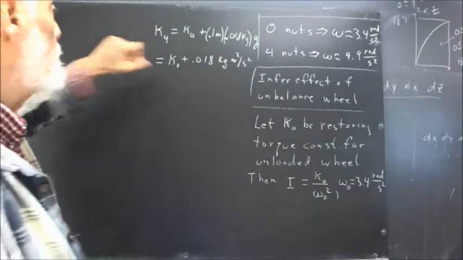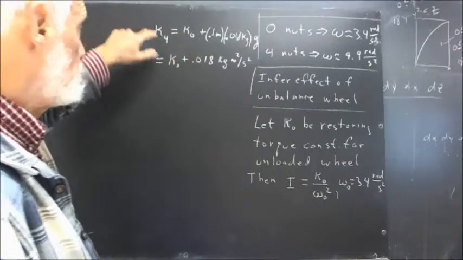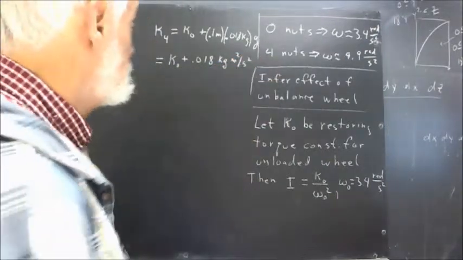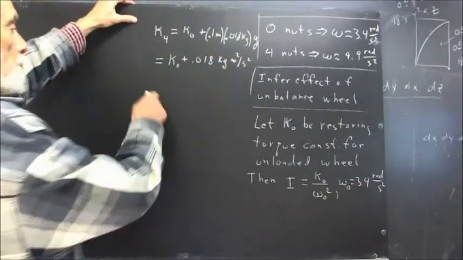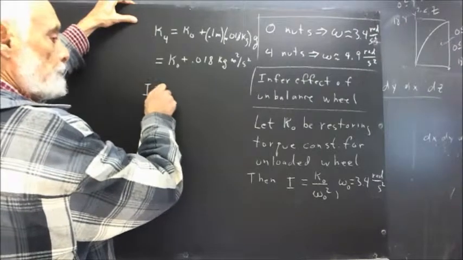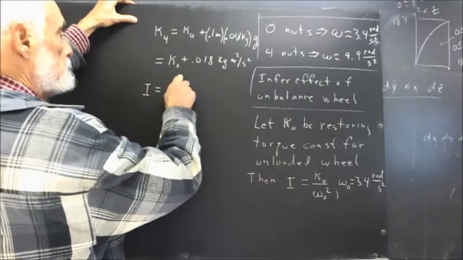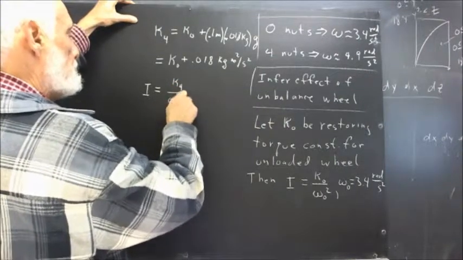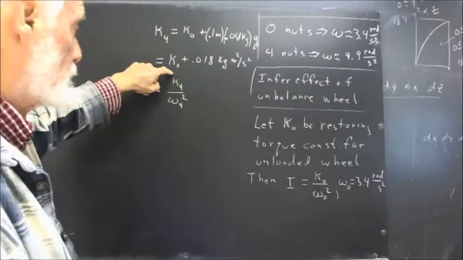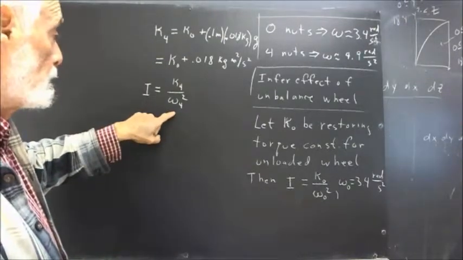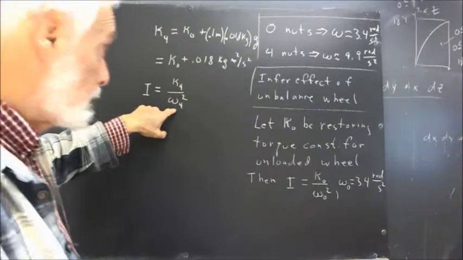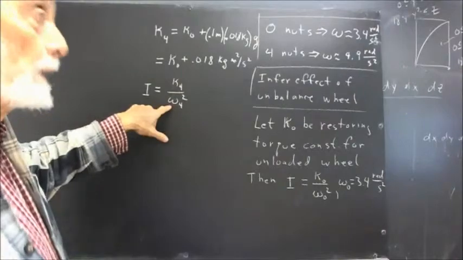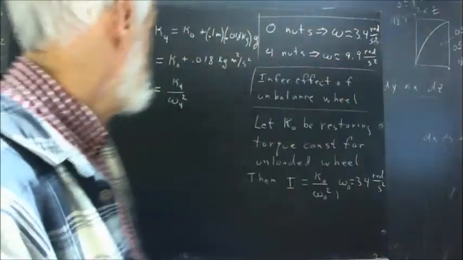Okay, so we've got the moment of inertia and the restoring torque constant for the situation where we have 4 nuts, and of course now we know that the moment of inertia is going to equal the restoring torque constant divided by the square of the angular, I want to say angular velocity, but the angular frequency, 4.9 radians per second squared.